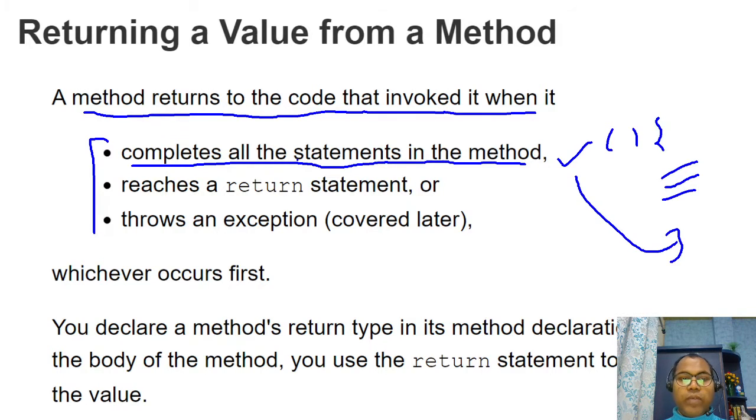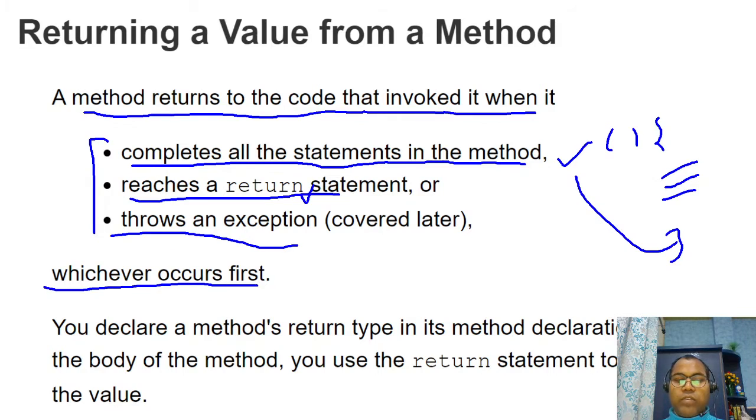Second, you may have written a return keyword, so control returns from the return statement. Third, some exception or error occurs. These are the scenarios where your method returns, whichever occurs first.